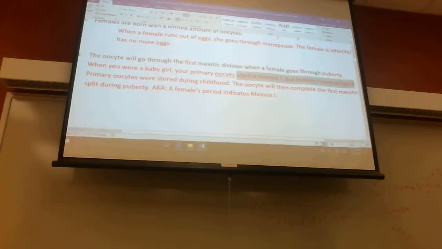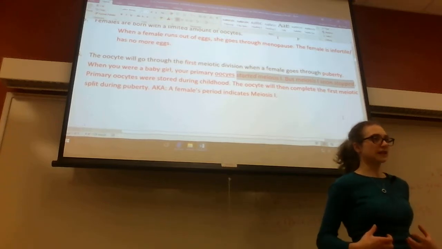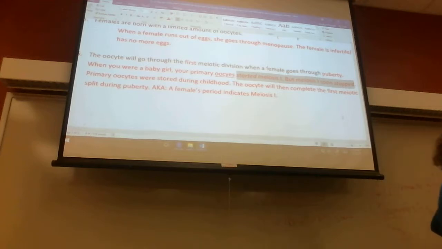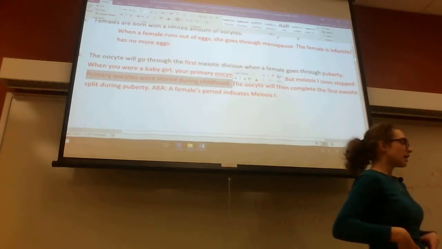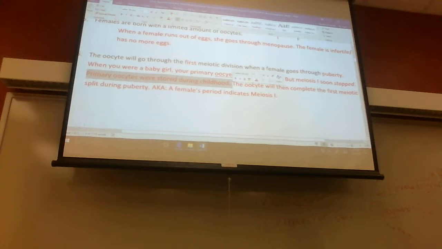So when you're born, you go through meiosis 1, but then they just sit there for a while. Primary oocytes were stored during childhood, and then you start puberty. The oocyte will then complete the first meiotic division during puberty.